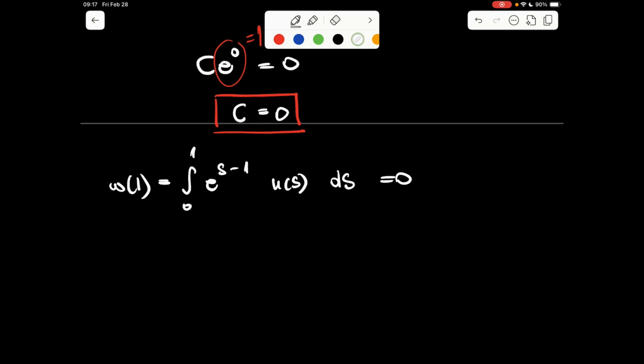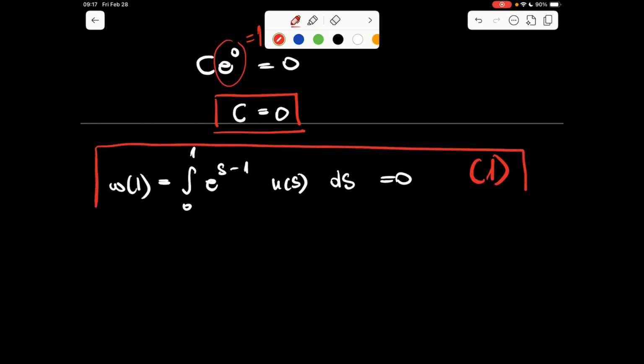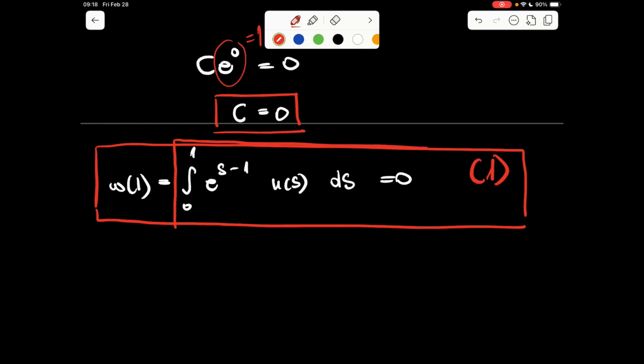All right. Let's call it equation 1, because this is a very informative restriction on the function u, this part of the equation.